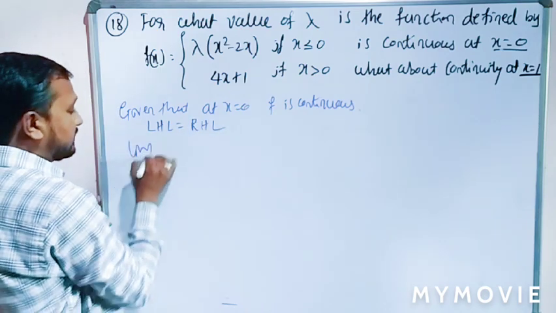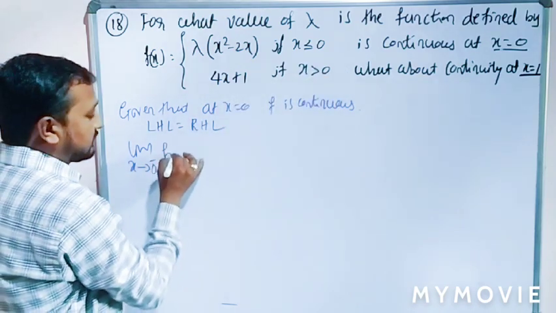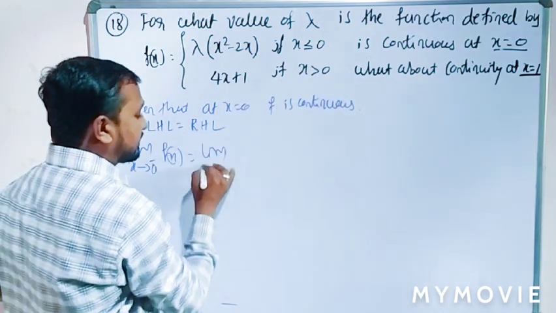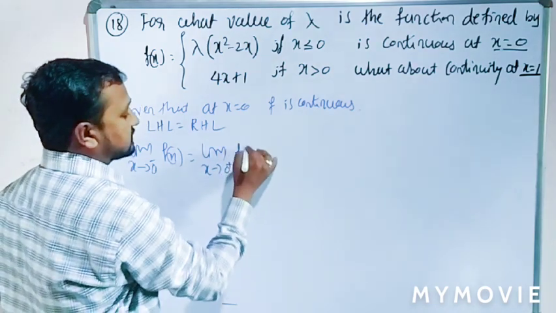What is your LHL? Limit of x tends to 0 minus f of x equals limit of x tends to 0 plus, RHL, f of x.